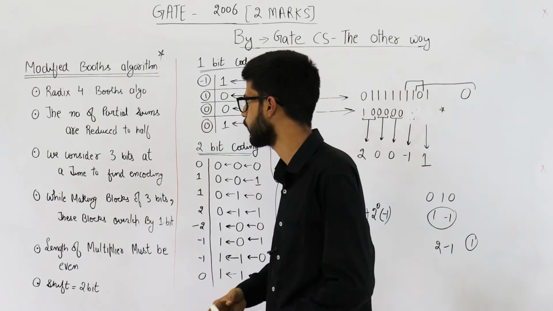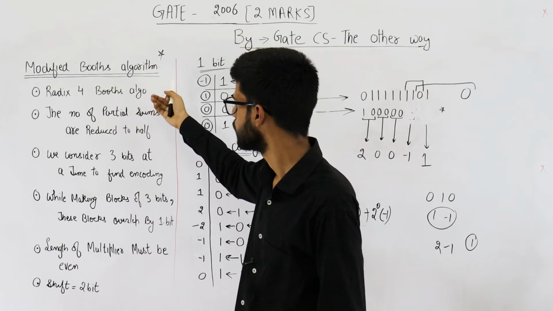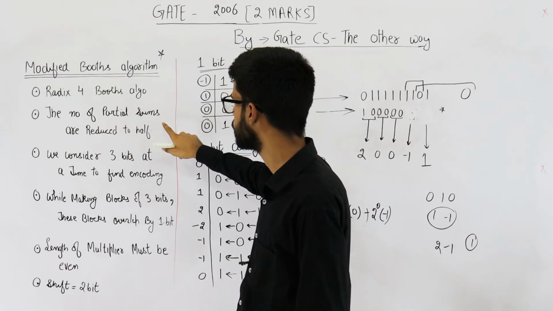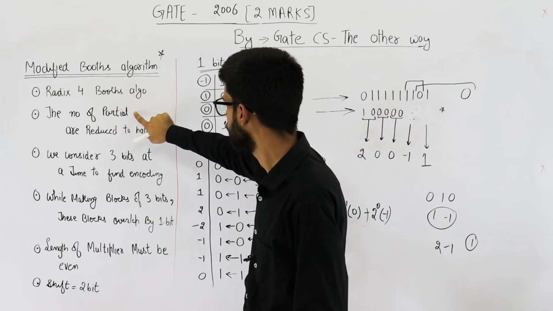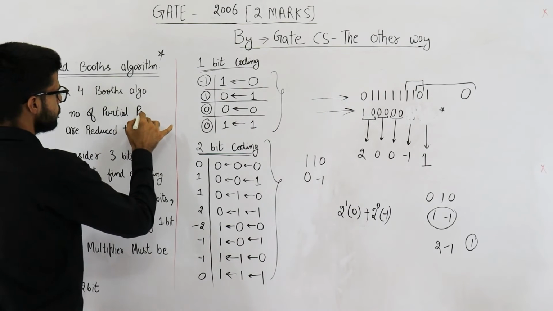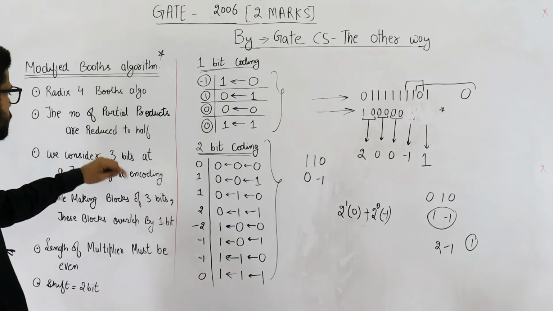Let's just have a look at these points also. It is called radix 4 Booth's algorithm. That's another name for this algorithm. And the number of partial products are reduced to half.